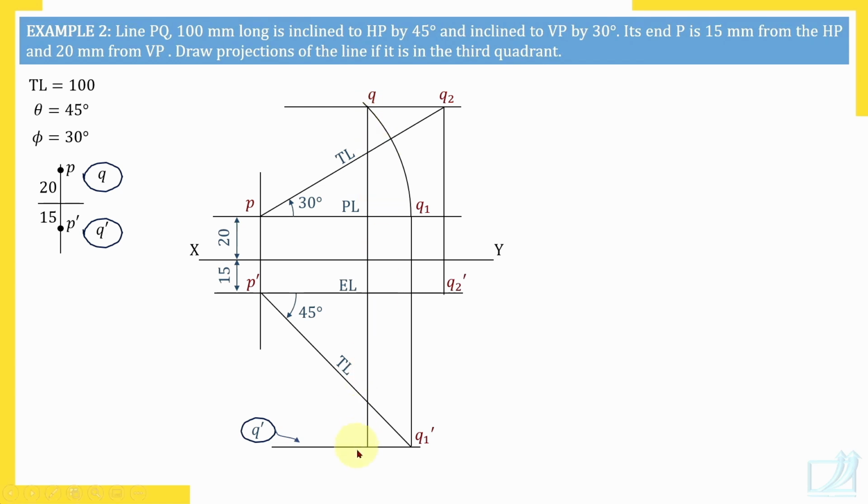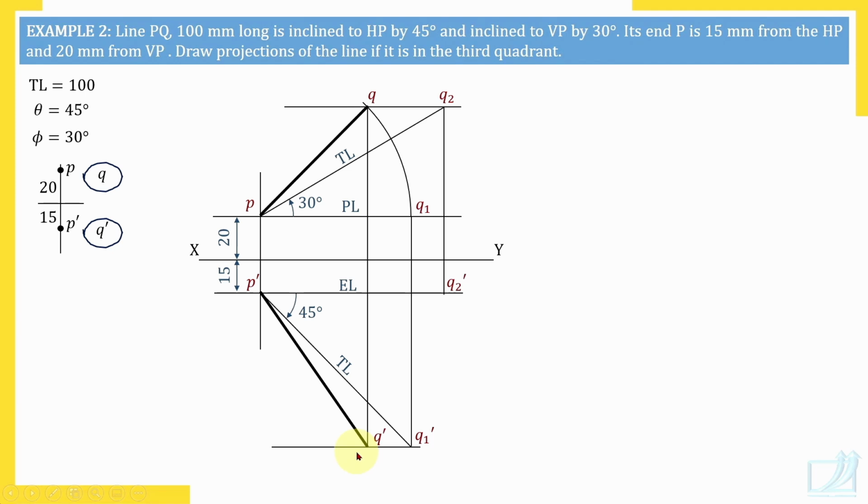Through Q, draw a vertical line. Through Q, there is a vertical line on which Q dash is, and there is already a horizontal line on which Q dash is. So this point is Q dash. Label it immediately. Erase that rough label. And then make PQ a thick or dark line, and P dash Q dash a dark line.